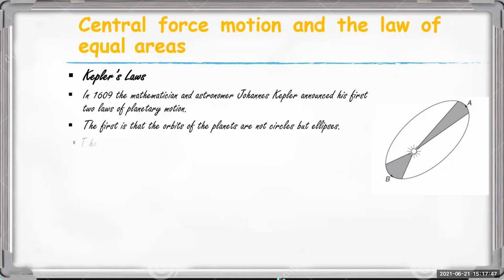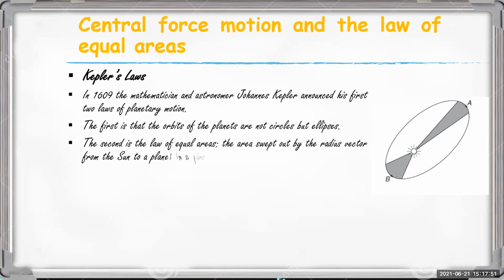And the second is the law of equal areas, that is, the area swept out by the radius vector from the sun to a planet in a given time is the same for any location of the planet in its orbit.